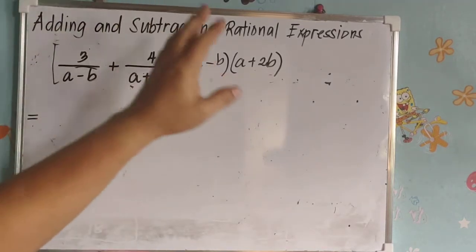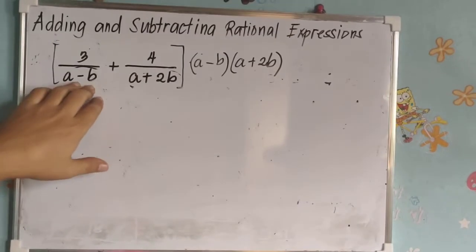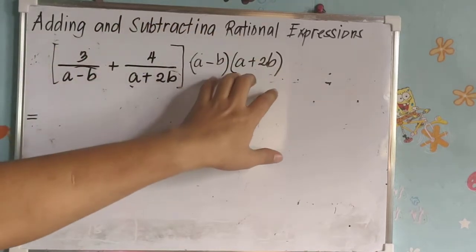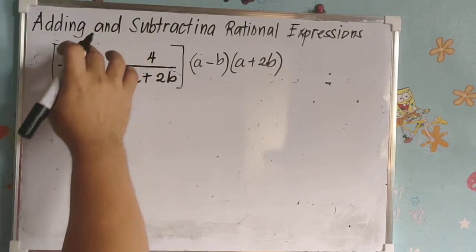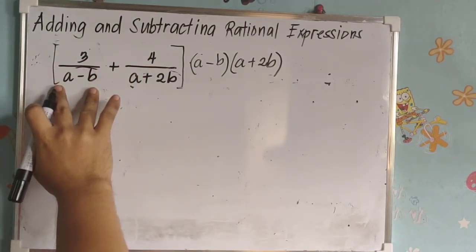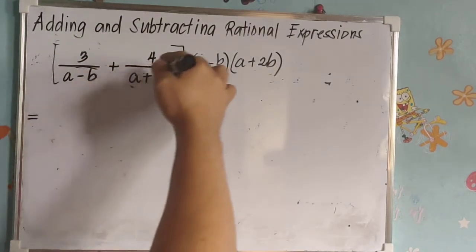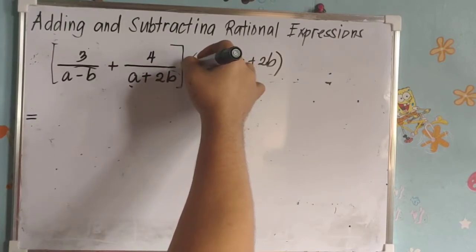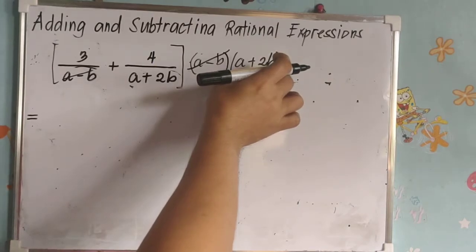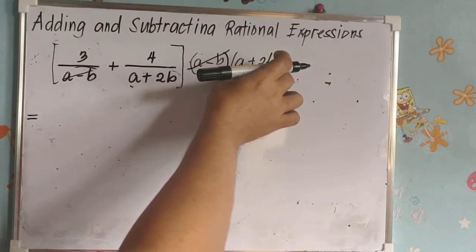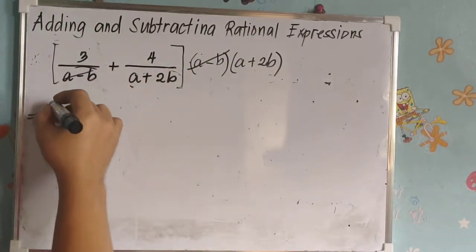Then multiply each rational algebraic expression by this LCD. So the LCD times 3 over a minus b. Of course this will be cancelled out, and the remaining factor is the quantity a plus 2b times 3.